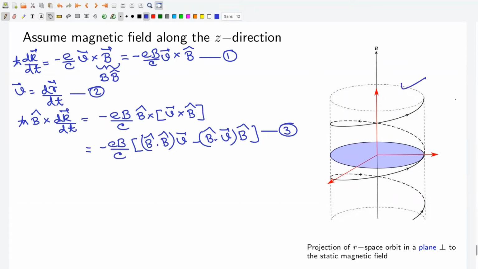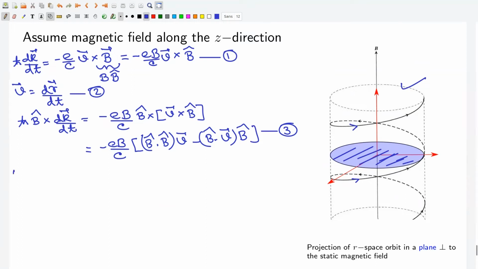As shown in this diagram, the blue plane is perpendicular to the direction of the external magnetic field. We want to get the projection of the real space orbit, which is shown by this black line, in this plane, which is perpendicular to the external magnetic field.